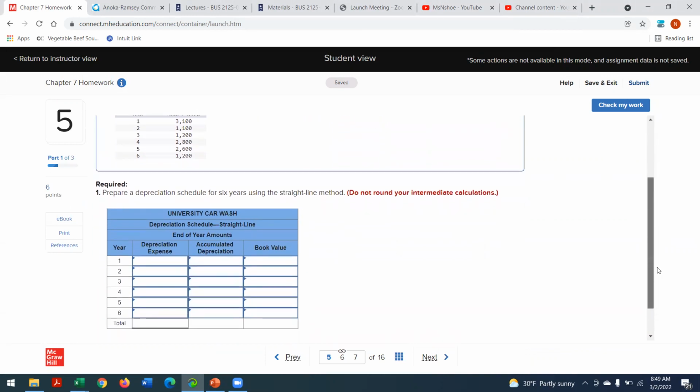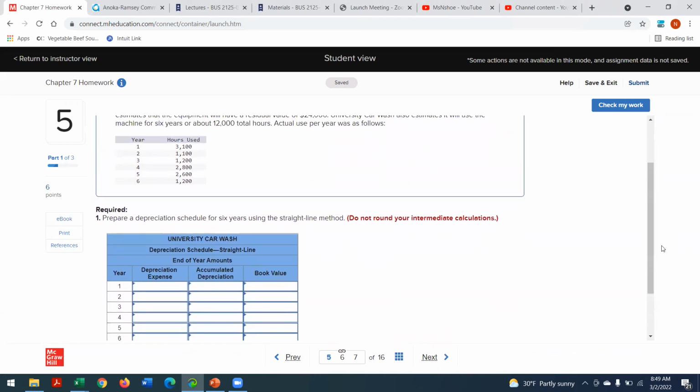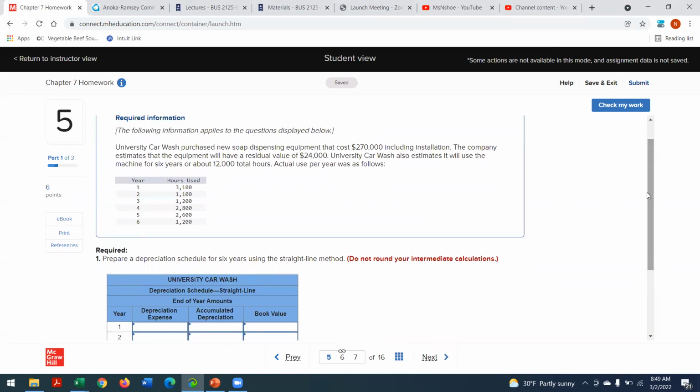This is the one we're going to work on. Number 5. You guys have your computer. Go to number 5. The University Car Wash purchased new soap dispensing equipment that cost $270,000, including installation. The company estimates that the equipment will have a residual value of $24,000. University Car Wash also estimates it will use the machine for 6 years or about 12,000 hours.